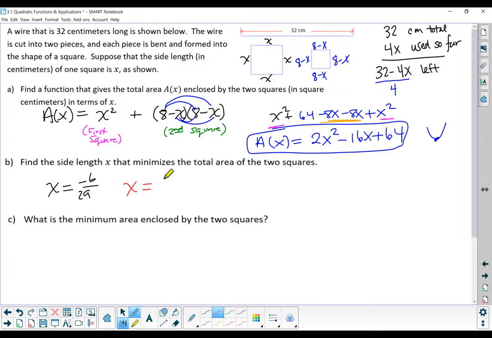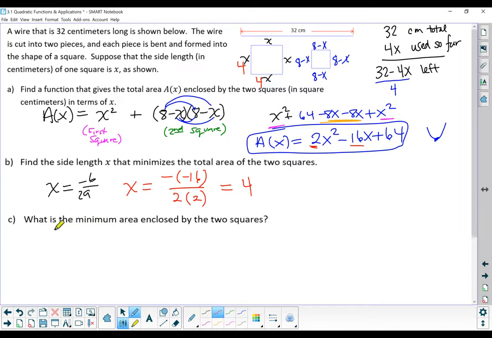So for this, we have negative b is negative 16 over 2 times 2. Negative 16 divided by 4 is negative 4, so the side length x that minimizes this total area is that each of these sides needs to be 4.